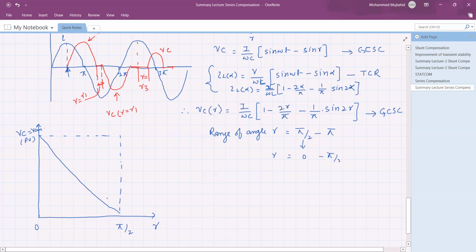So this is pi by 2, and this indicates the relation 1 minus twice gamma upon pi. So this relation shows this one. Whereas the next part, minus 1 upon pi into sine of twice gamma, gives such a type of curve.